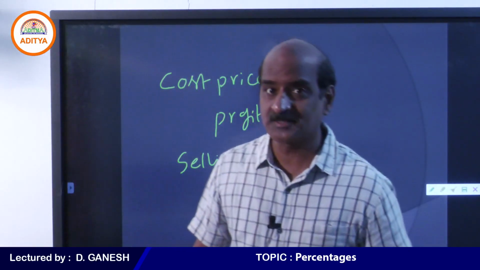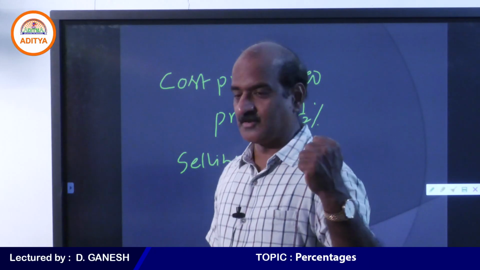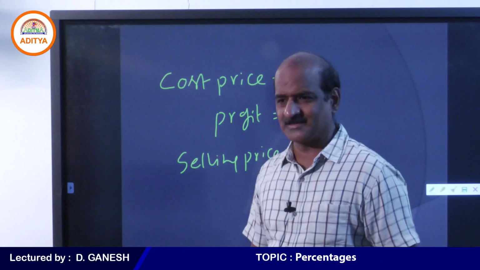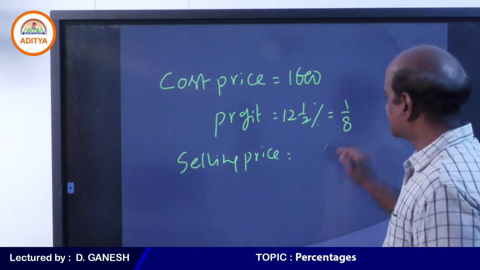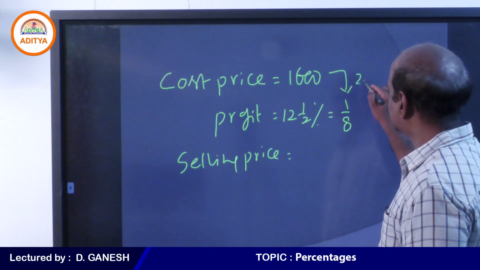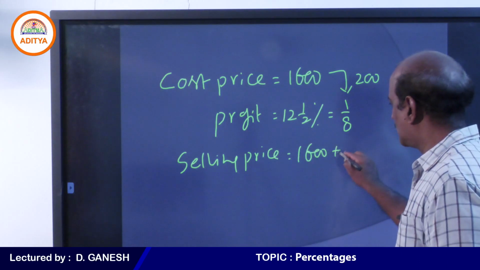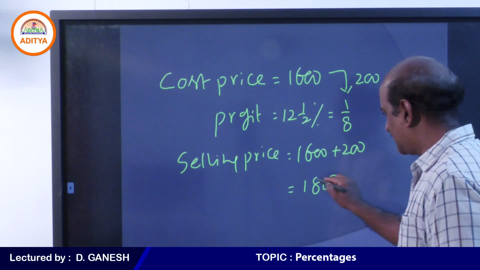You will be using this concept in the next classes like profit and loss. But once we are strong at percentage calculation, see how good we can handle this question. 12.5% is nothing but 1/8. So 1600/8 is 200. Since you are expecting a profit of 200, you must be selling the product for 1800.